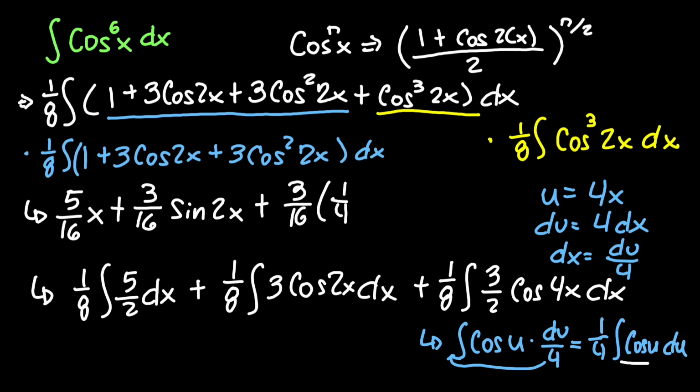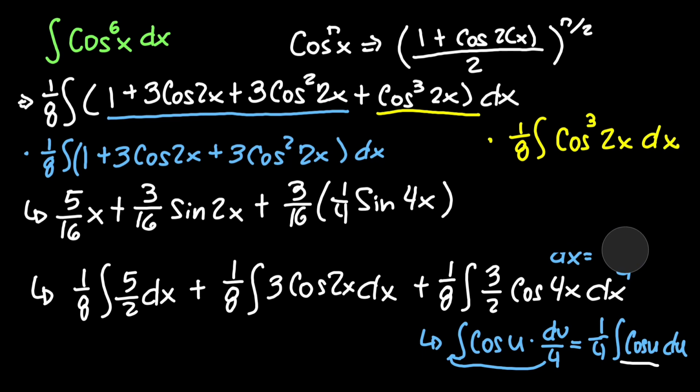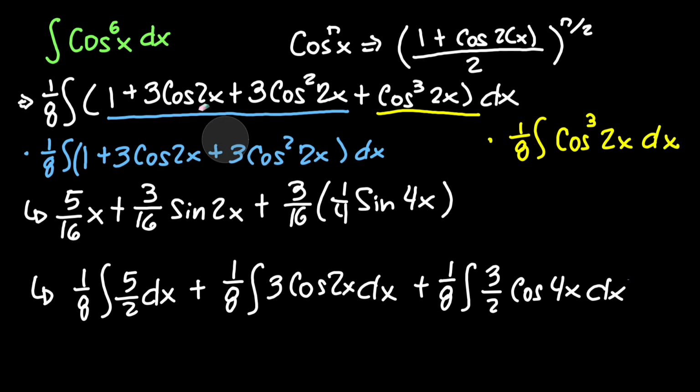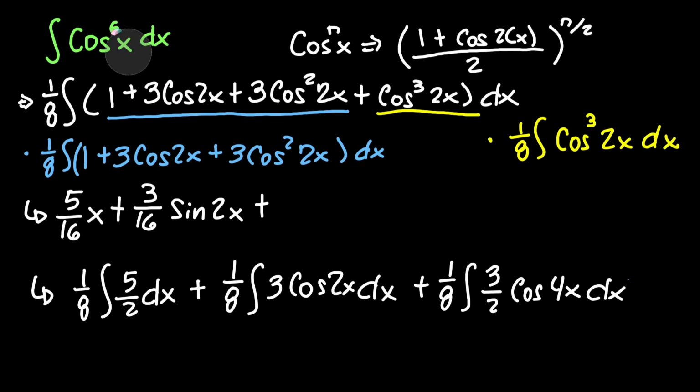And so, the integral of cosine of u du would be simply sine of u, and since u in this case is 4x, this would be sine of 4x. Don't add the constant of integration yet, because don't forget we still have this other part to solve. And so 3 over 16 multiplied by 1/4 would be 3 over 48 of sine of 4x.